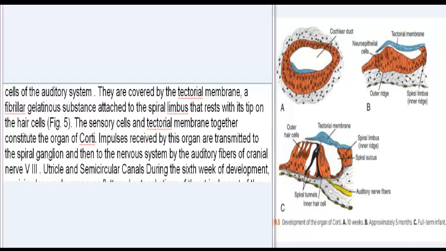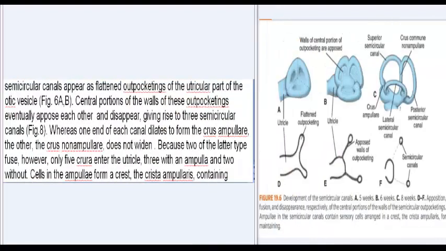Utricle and semicircular canals. During the 6th week of development, semicircular canals appear as flattened outpocketings of the utricular part of the otic vesicle, Fig. 6ab. Central portions of the walls of these outpocketings eventually oppose each other and disappear, giving rise to 3 semicircular canals, Fig. 8.